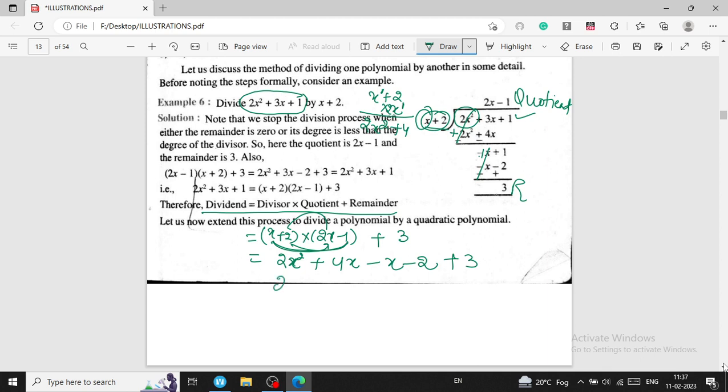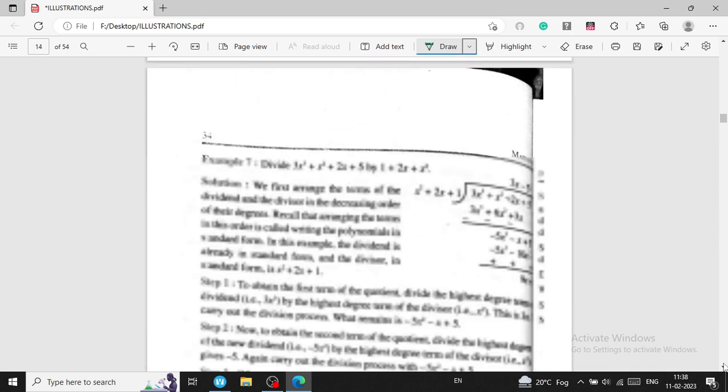You will find 2x square plus 3x when we combine both, and minus 2 plus 3 is 1. You can see we will find the original statement, that means the dividend. If we get the dividend's value back, that means your question is correct.